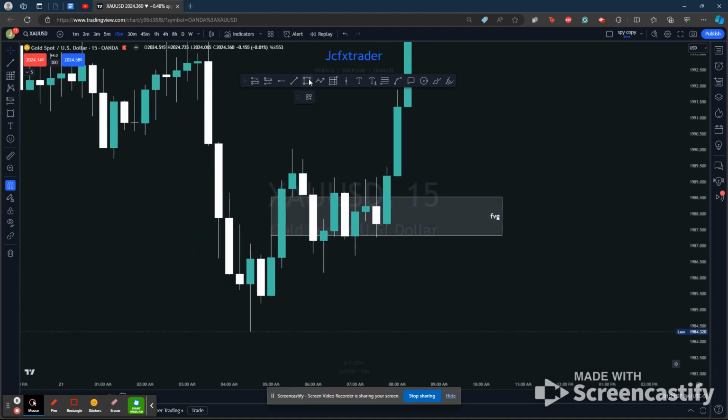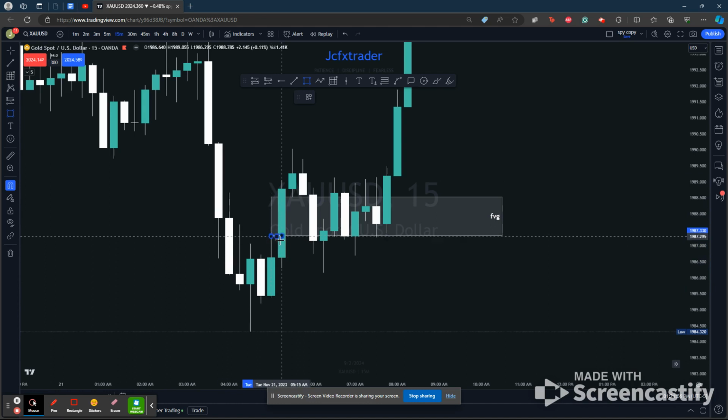Our order block tends to be, or should be, connected to the fair value gap in order for it to be effective. So as we see here, we would draw our order block from the previous candle before the big move up, the wick of the high and the low.